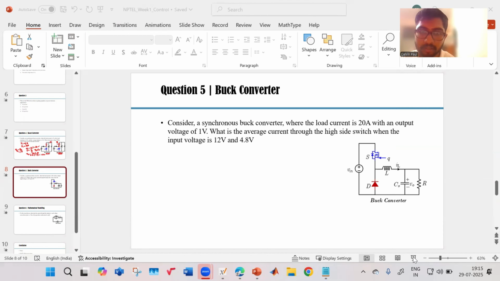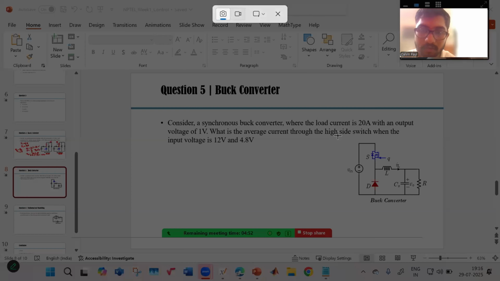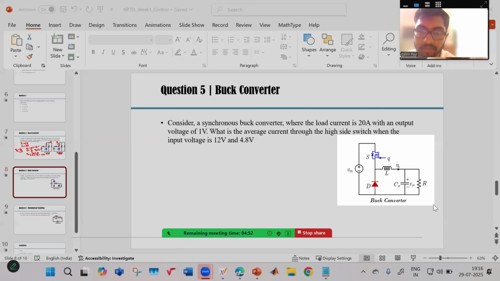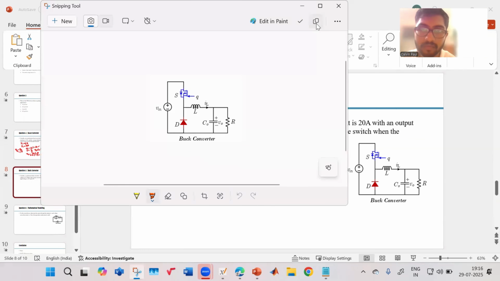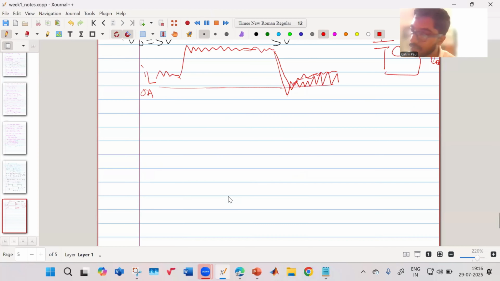Okay. So we have a buck converter given over here. I think I'll just take a snip because writing over here is very tedious. So, the buck converter. Any question here?